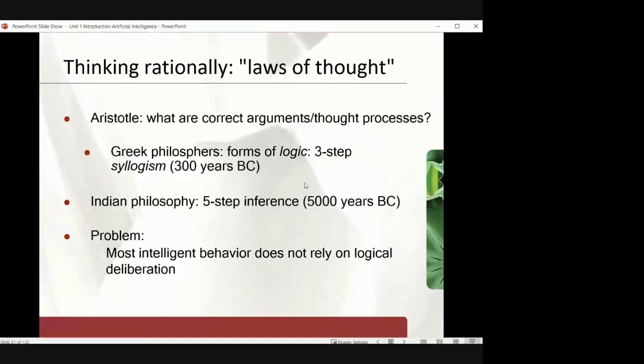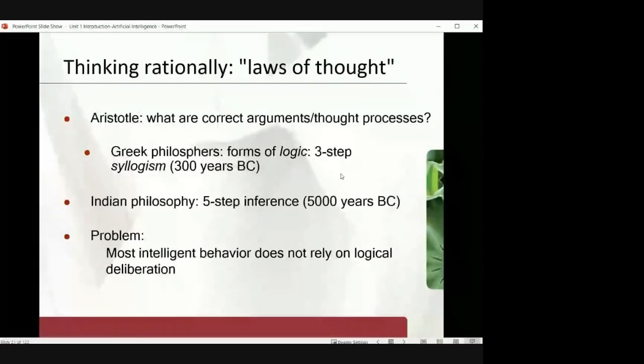Okay, ये 3 steps क्या है वो भी हम देखेंगे जब हम प्रपोजिशन लॉजिक के बारे में बात करेंगे, ठीक है, कि ये 3 लॉजिक्स क्या है, ठीक है, और इसके बेस पे हम कंक्लूजन पे कैसे आ रहे हैं, or how we can feed this information to the computer. Okay, so that we will see.